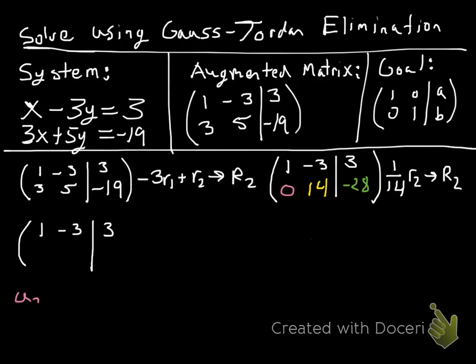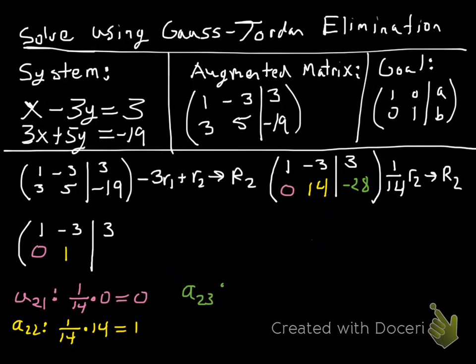So the top row is unchanged, so it's 1, -3, and 3, but the bottom row is going to be different. We're going to multiply each entry by 1 over 14. Okay, so just a little bit of arithmetic.